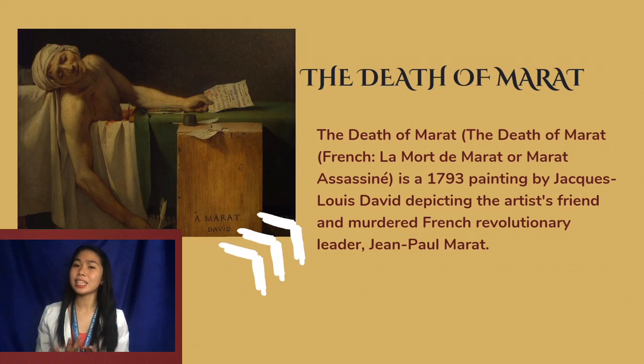David painted it when he was the leading French neoclassical painter, a Montagnard, and a member of the Revolutionary Committee of General Security. So David's masterpiece shows a portrayal of a revolutionary martyr. So this is a painting of the murdered French revolutionary leader Jean-Paul Marat.